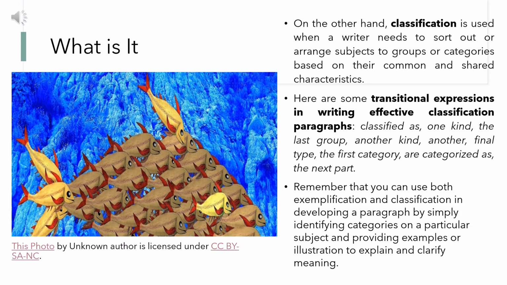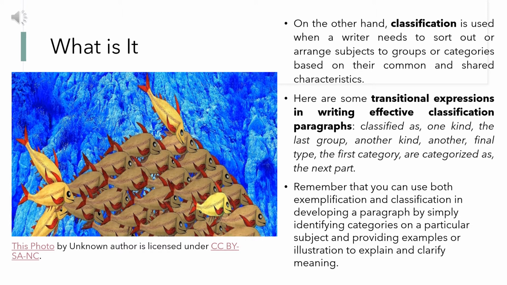Okay? So remember that you can use both exemplification and classification in developing a paragraph by simply identifying categories on a particular subject and providing examples or illustrations to explain and clarify meaning. So the one that we read dealing with the pollutions is a good example of a paragraph wherein exemplification and classification are combined. So it's possible that the paragraph is a combination of the two.